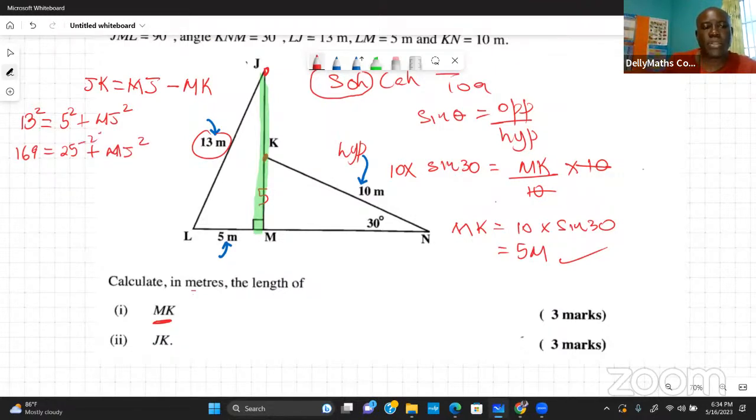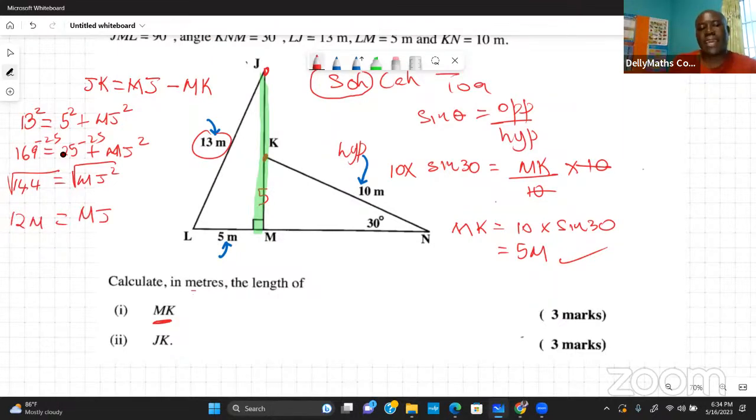Subtract 25 from both sides. 144 is equal to MJ squared. Taking the square root of both sides, 12 meters is equal to MJ.